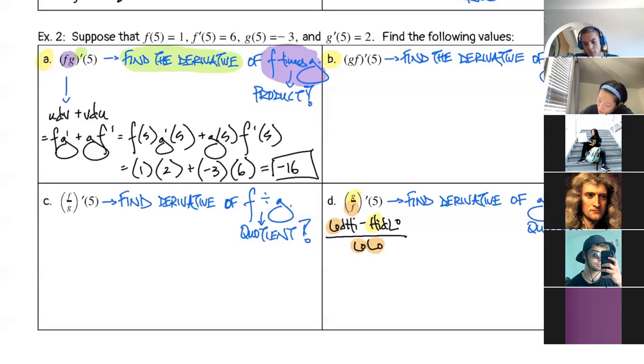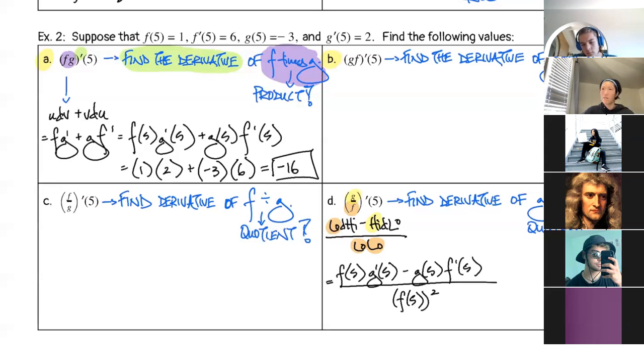But I know that folks were already grabbing some numbers here. So let's just make sure if I write it out in symbols, we know what numbers go where. So for low, I'm going to have F of 5. And for D high, I'm going to have G prime of 5 minus G of 5 times F prime of 5 all over F of 5 squared.